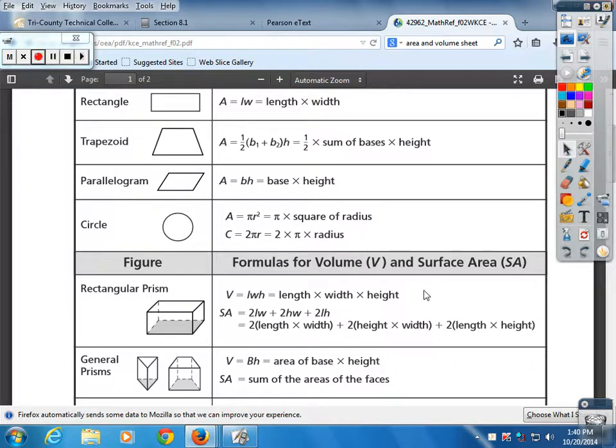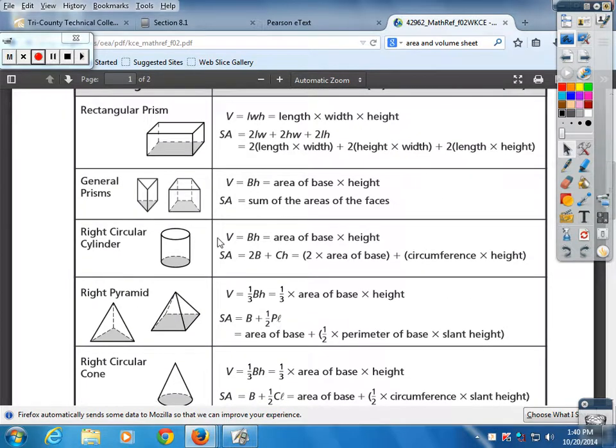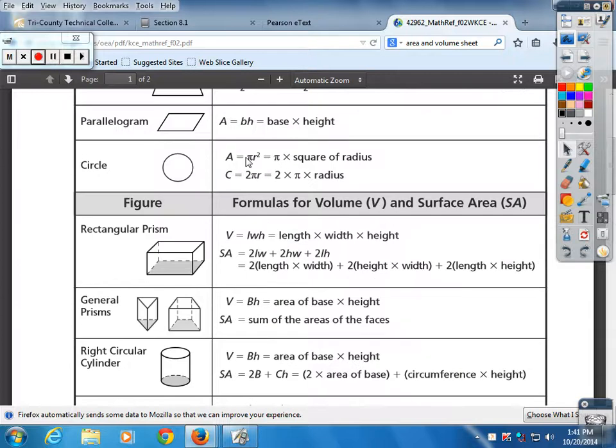And here are your volumes. The volume for a cylinder is right here. Base times height. Now, it also says the area of the base. So that's length times width times height. But in this case, the base here is what? A circle. So you have to do pi r squared times the what?